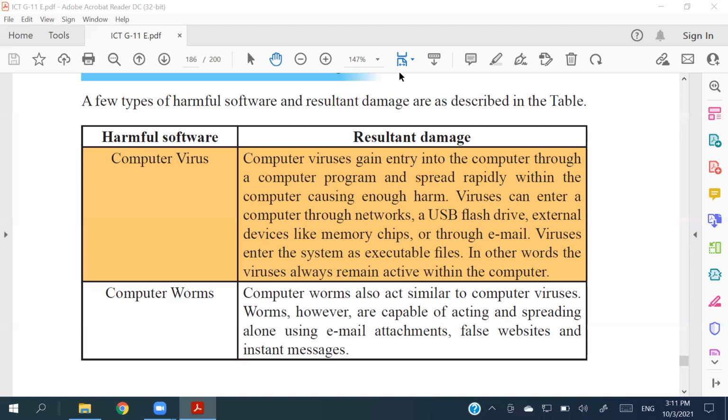there should be a properly updated antivirus software installed on our computers, because whenever an external device or an email is received, it will be checked by the antivirus software, right? Then it will alert us that there are some suspicious files, or directly say this is a virus, don't execute it.